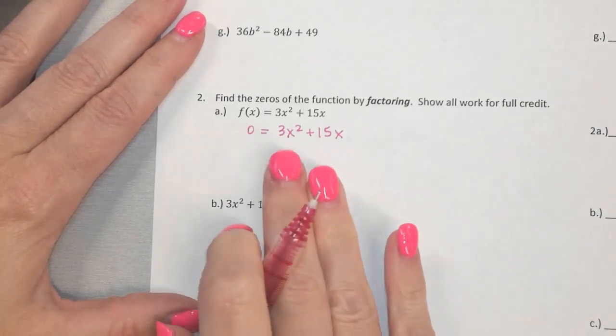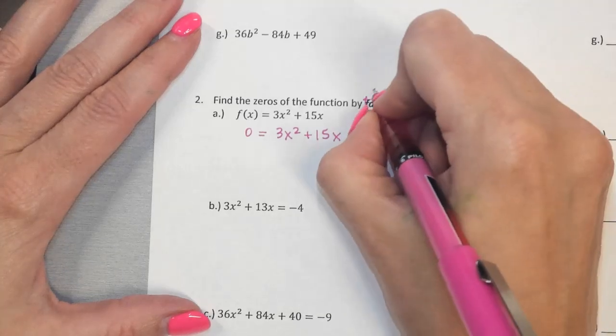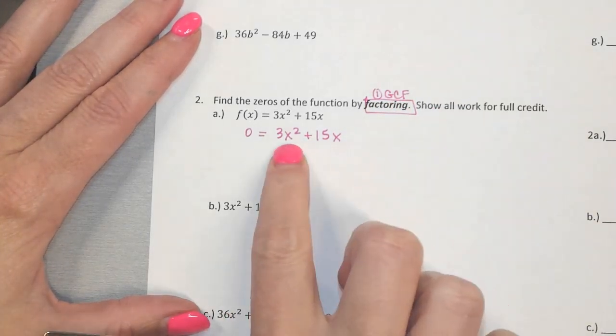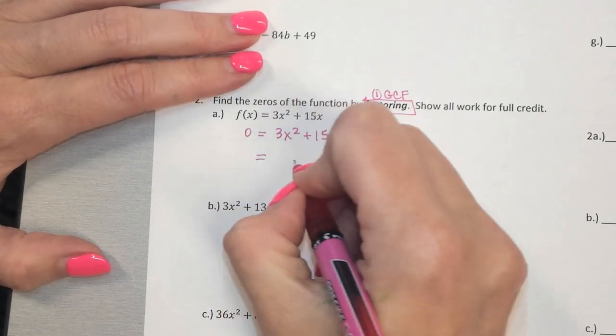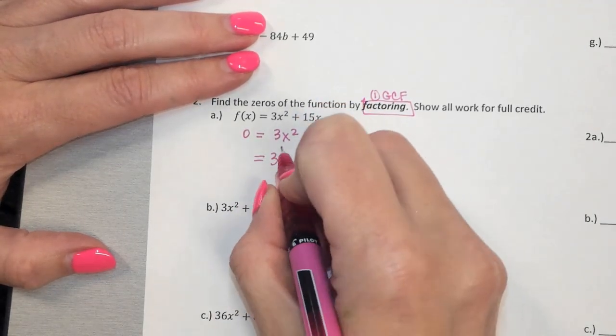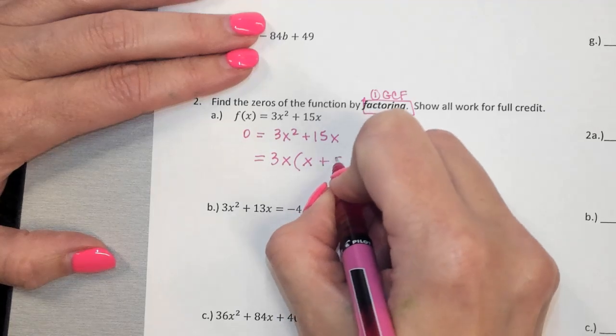That's why I'm recommending, hey, write down your factoring steps. The first thing is to take out the GCF. If this has an x and this has an x, they're only 2 terms. You got to take the x out. And then 3 goes into both of those. So divide. 3x squared divided by 3x, 15x divided by 3x.